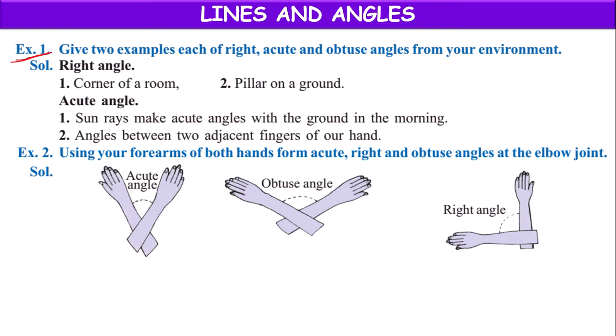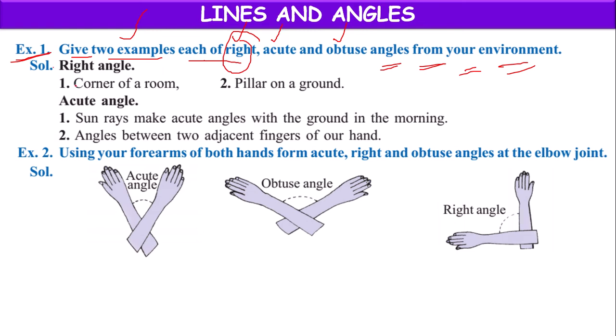Example 1: give 2 examples each of right, acute, and obtuse angles from your environment or surroundings. We have to observe our surroundings and give 2 examples of each.